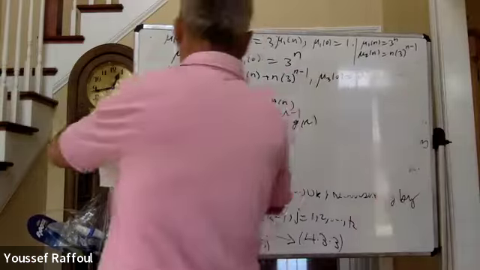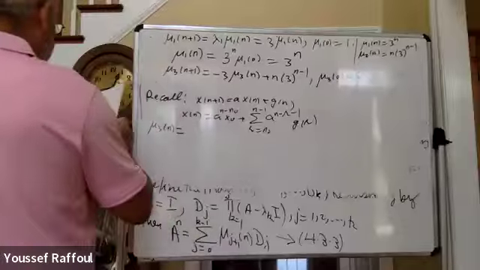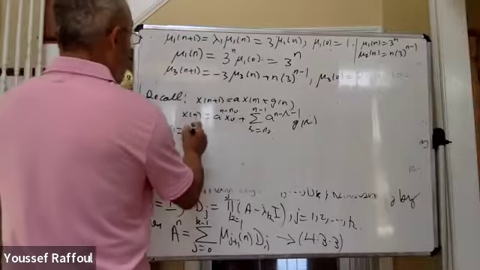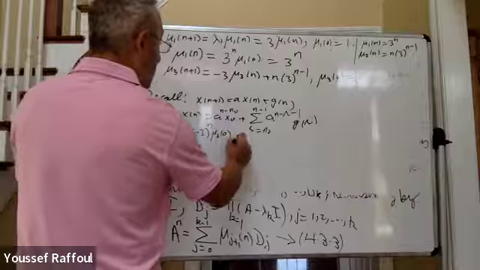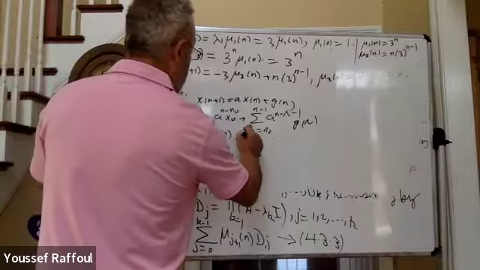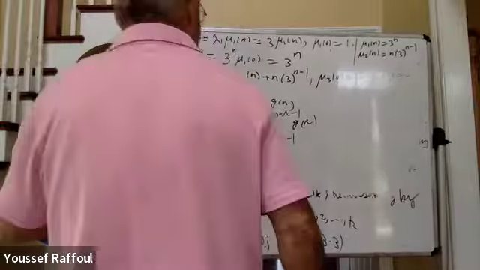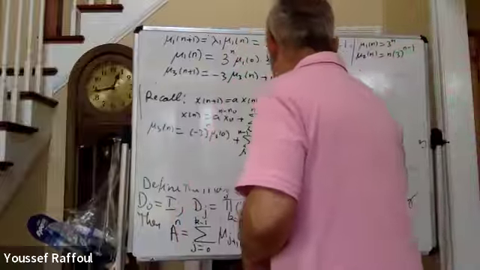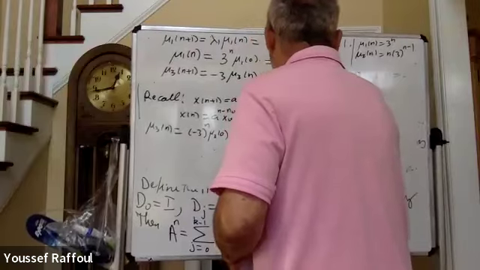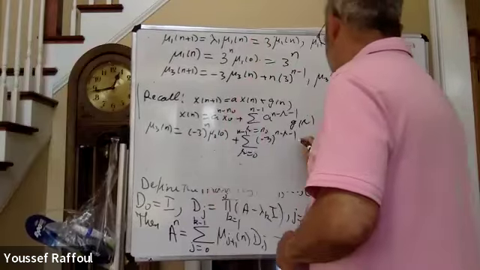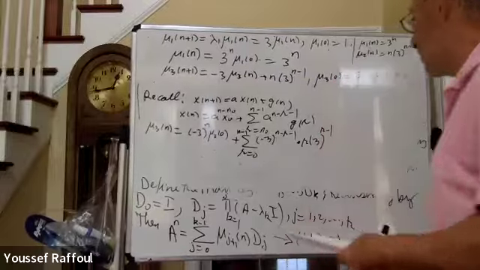Okay, so mu3 of n is going to be 3 to the power n mu3 of 0 plus the sum r equals 0 to n minus 1 of 3 to the n minus r minus 1 times r times 3 to the r minus 1.